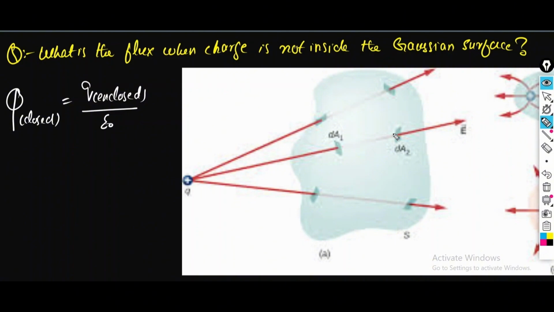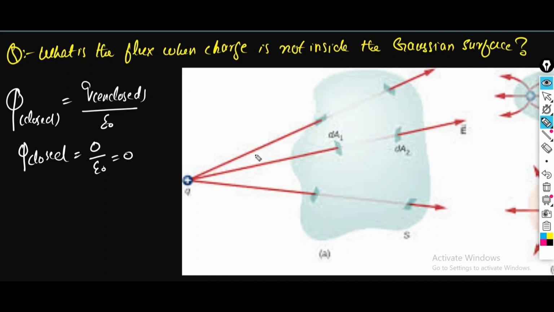So the charge enclosed by this Gaussian surface in this case is 0, because there is no charge enclosed. The flux is equal to 0 by epsilon naught, which is equal to 0. In this case, the flux according to the Gauss law is 0.